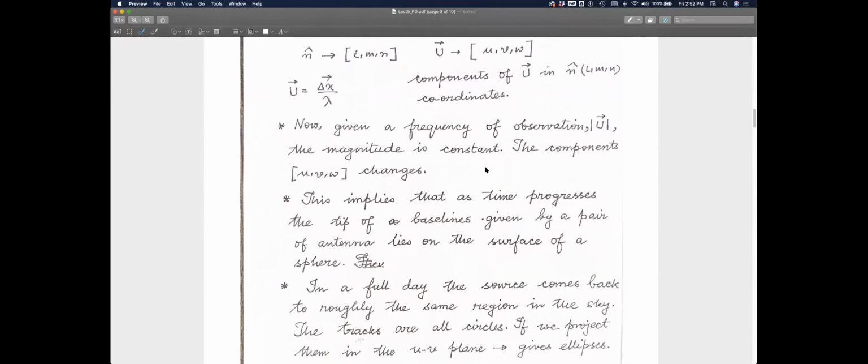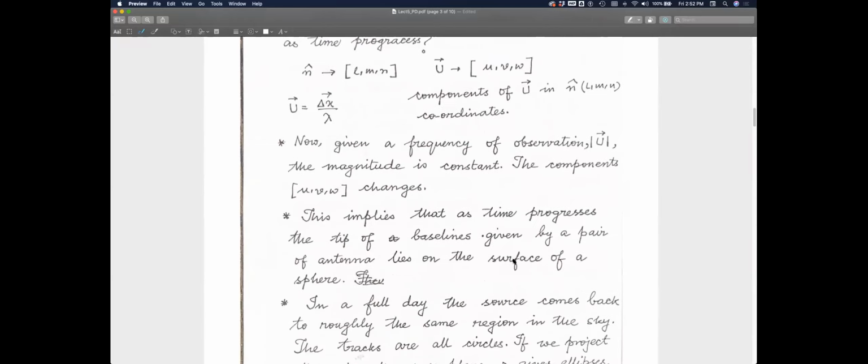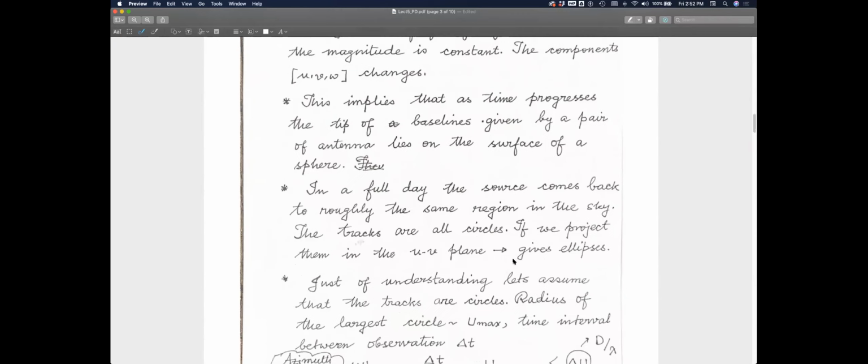Now this can be rigorously proved, and depending on the latitude of your telescope and the declination of your source, you can see what is the center of the ellipse, what is the ellipticity, what is the radius of the ellipse, the major axis, etc. But I'm not going into the proof for this lecture.